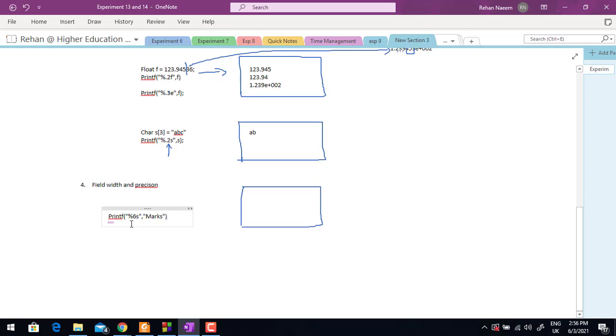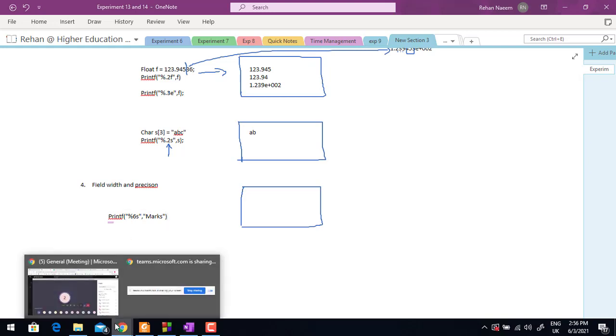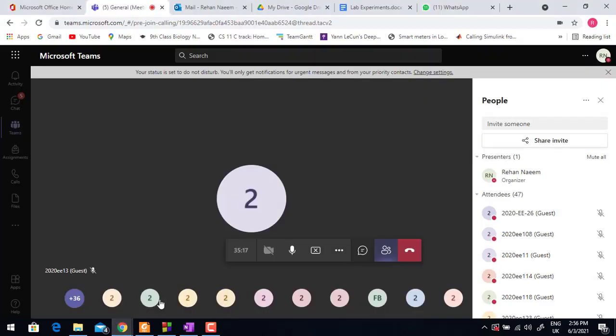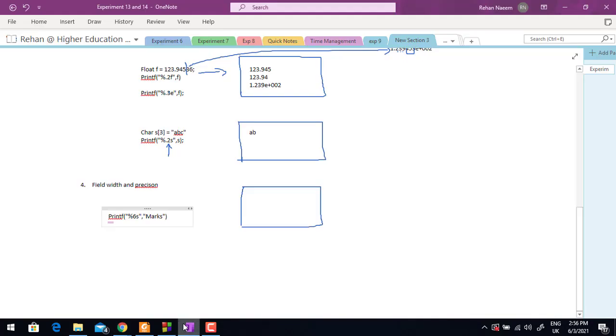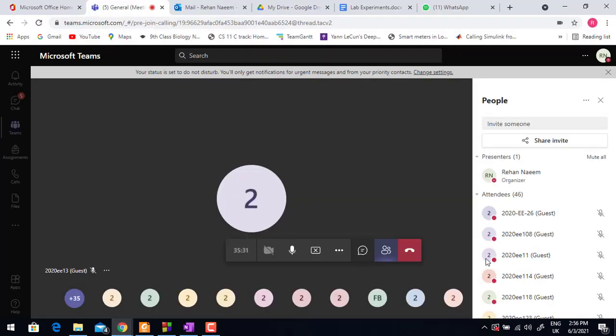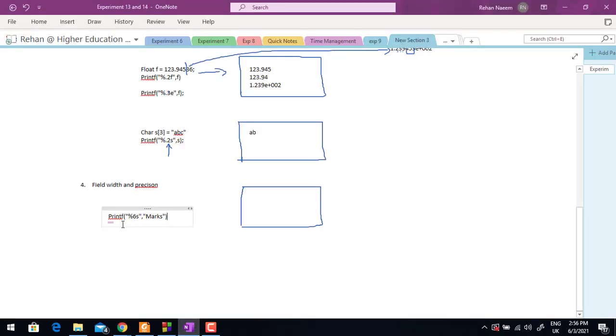Can anyone tell me this 6 is called field width or is it called a precision number? So field width. This 6 is called field width. Okay.